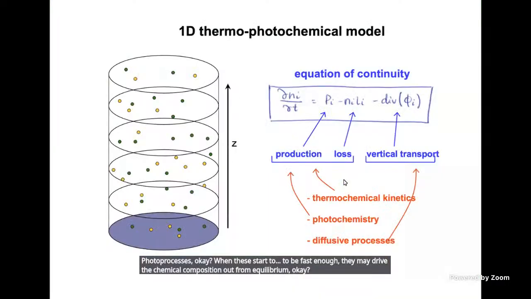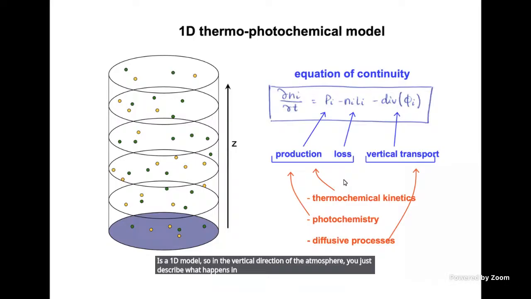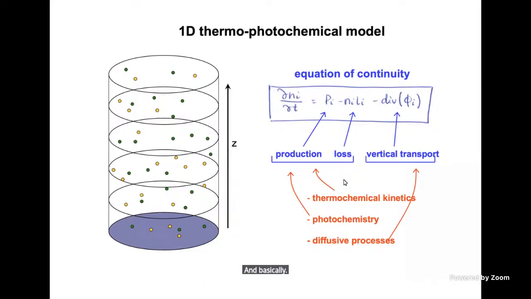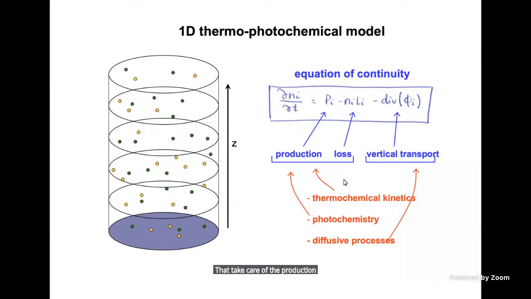So basically, to start to describe this, the most simple model you may build is a 1D model. So in the vertical direction of the atmosphere, you just describe what happens in a vertical column of the atmosphere. And basically, the simple equation to solve is the equation of continuity, which contains terms that take care of the production and loss of the different species.